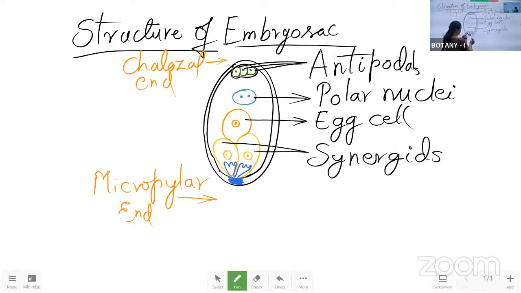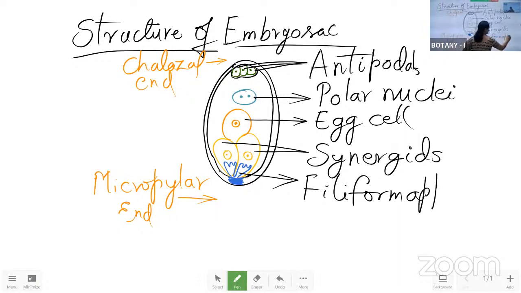And in the synergids, I have drawn the finger-like appendages. Those finger-like appendages are called the filiform apparatus.